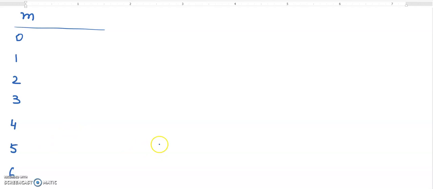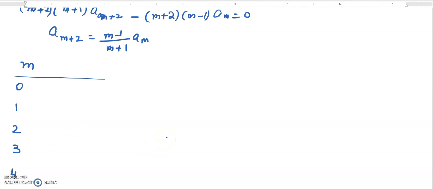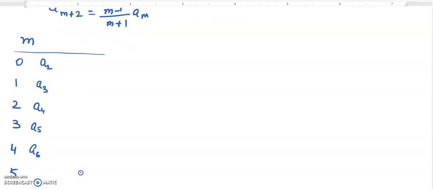Okay, that should be enough. With 0 I will get a2. So first term that I will get will be a2. Then I will get in sequence a3, a4, a5, a6, and a7 coefficients.